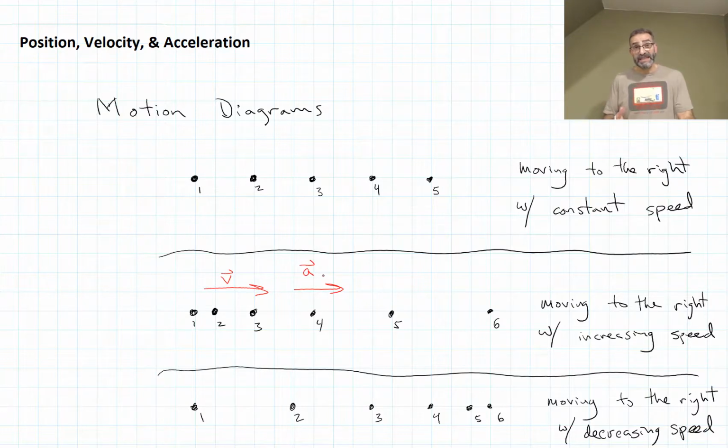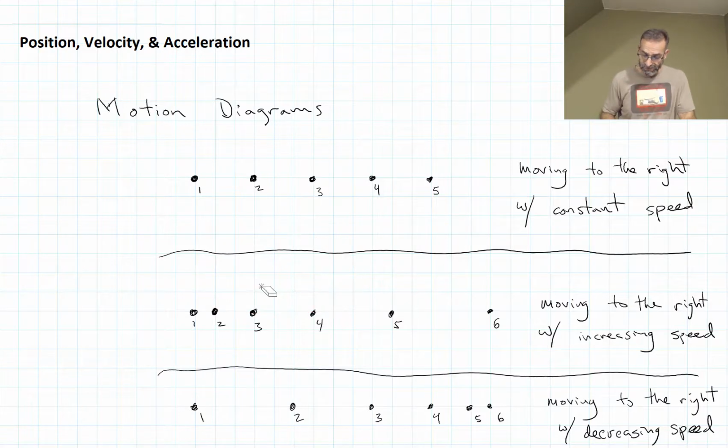The acceleration is the direction that the net force is pushing on the object. And if the object is moving faster and faster and faster, it has to be pushing it in that direction.